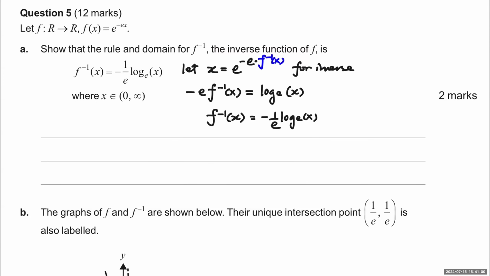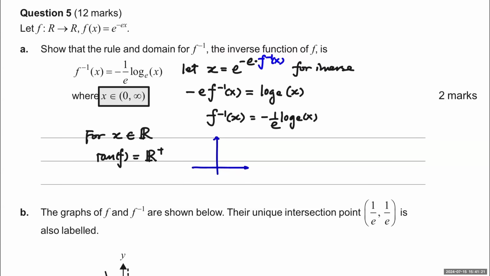And it's not enough to stop here. You probably want to explain why this domain is this, okay? You say for x belongs to R, range of f is going to be R plus. You could actually draw a diagram here to facilitate what you are thinking, I suppose.